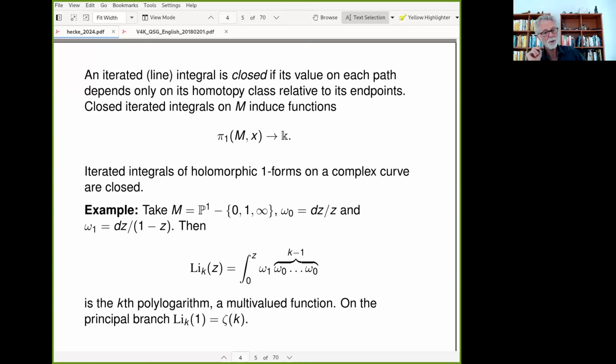You get a multi-valued function on P1 minus 0, 1, and infinity, and the function you get is the kth polylogarithm. Inside the unit disk, the principal branch is the sum of z to the n over n to the k, and the value of the principal branch at 1 is just the value of the Riemann zeta function there.